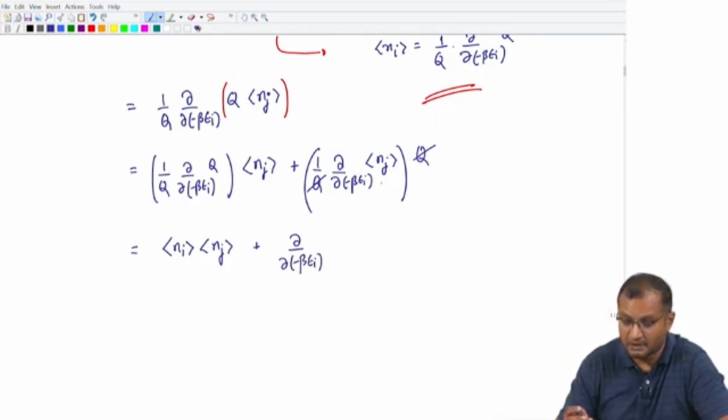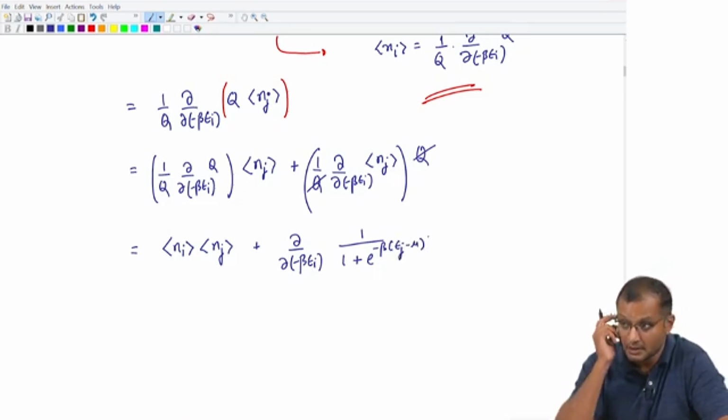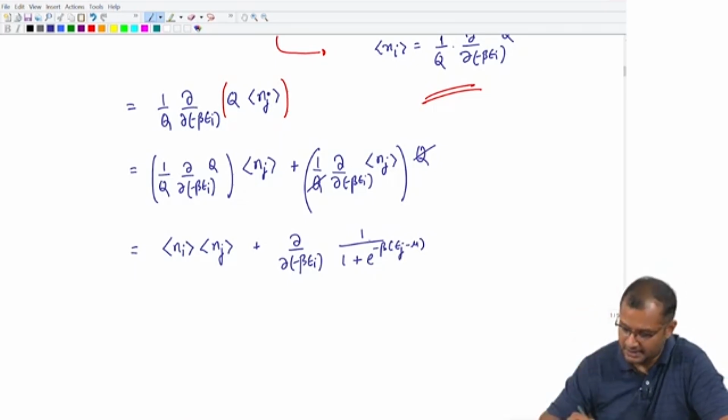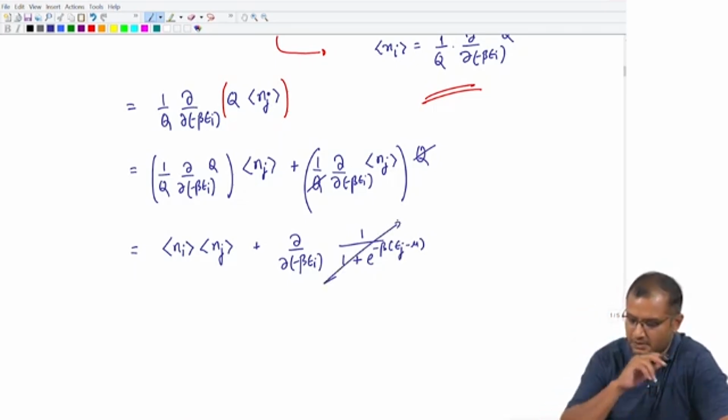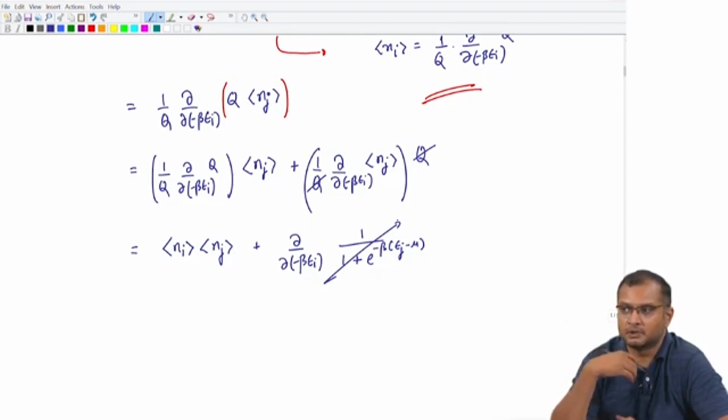But what you have is basically a derivative of a function. So, average occupation number Nj is nothing but 1 over 1 plus e to the power minus beta (Ej minus mu). Okay. So, this has to go to 0 because the function does not depend on Ei and you are taking the derivative with respect to Ei. Okay.